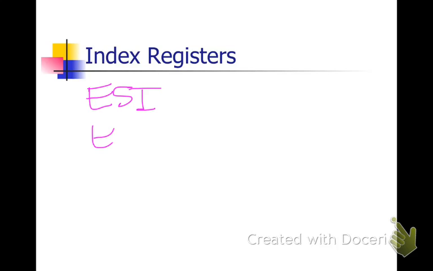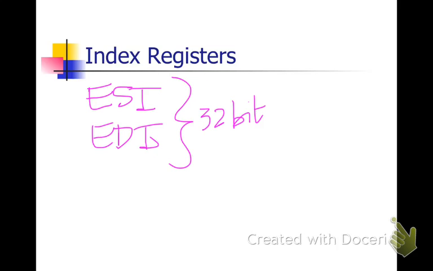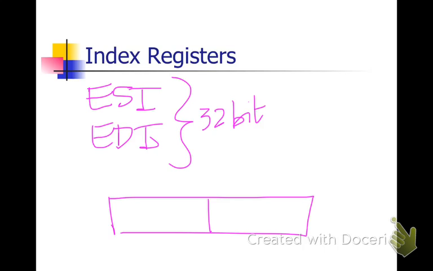I also have EDI, destination index register. Both of these are 32-bit. For ESI, I can get to the low order word, but I can't get any more granularity. I can't get to the low order byte or high order byte of SI.